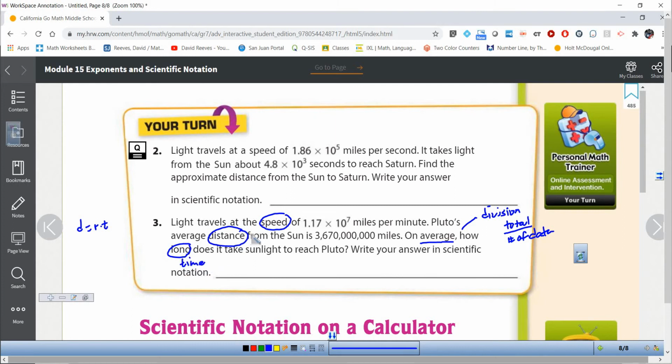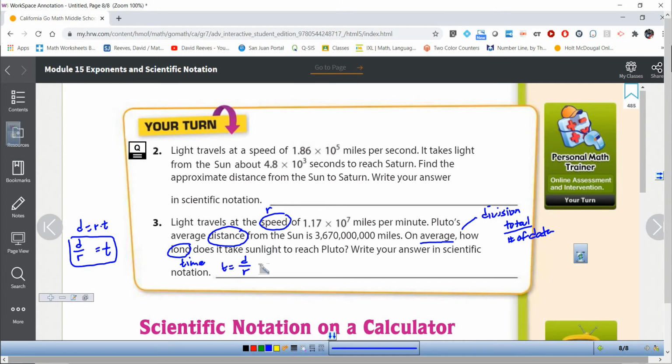They're asking us a time when they give us a rate and a distance. So distance is equal to rate times time, or time is equal to distance divided by rate. So we need to do distance divided by rate to give us our time.